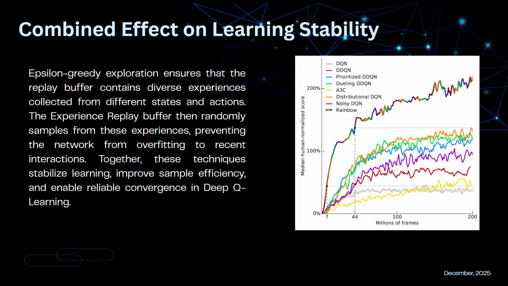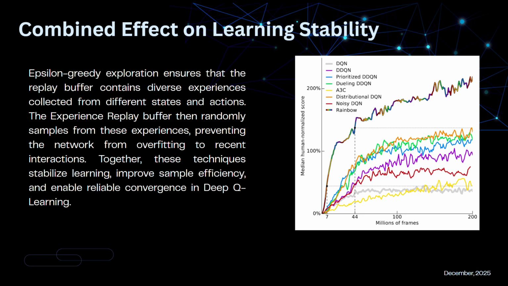By combining these two, we reach the final destination: the combined effect on learning stability. The epsilon greedy exploration ensures that the replay buffer contains diverse experiences collected from different states and actions.